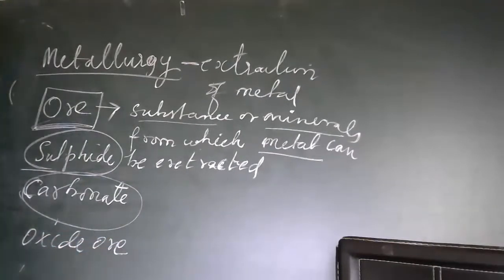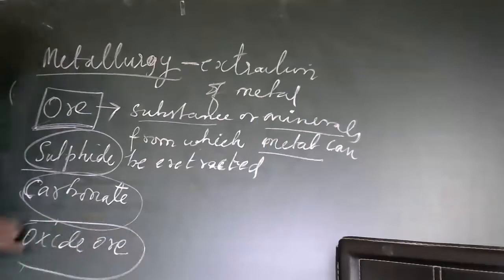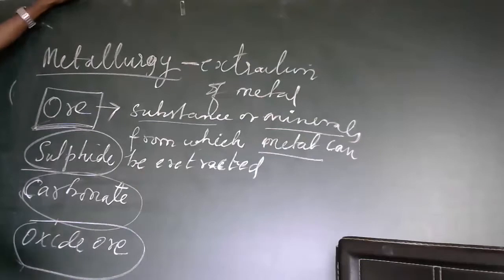And we get ores in complex salts, in complex minerals also. Example, chalcopyrite. Chalcopyrite is one of the ores of iron. It is complex, meaning a greater number of elements are hidden in that compound. This is ore: sulfide ores, carbonate ores, oxide ores.